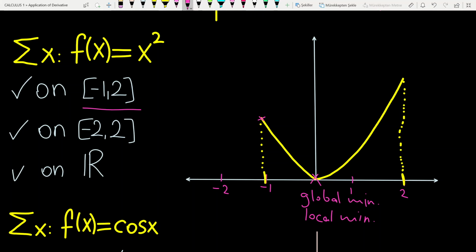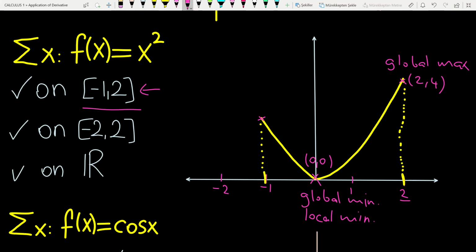No, it's not the biggest. This is why it cannot be global. Is the point 2 the biggest on this interval? Yes, it is the biggest. This is why this point is the global maximum. Is it a local maximum? It cannot be a local maximum since it is an endpoint. So the point (0, 0) is the global minimum point, and also a local minimum point. The point (2, 4) is the global maximum point.